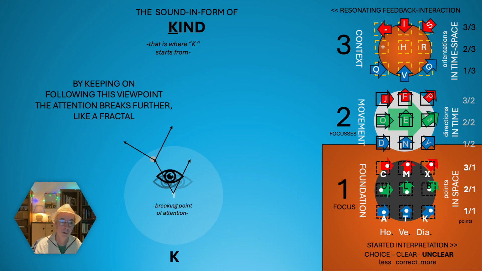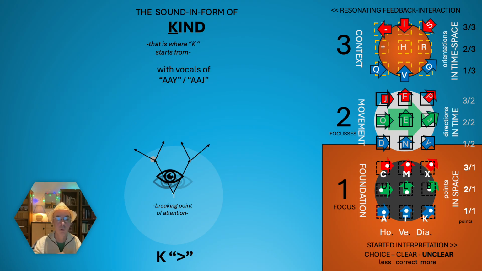But by keeping to follow the viewpoint, you also deal at the same time with this breaking up point, which you try to keep in balance, so that when you break it and you look to the left or also to the right, it has to remain in balance, and then you can keep your focus straight. So this is K.